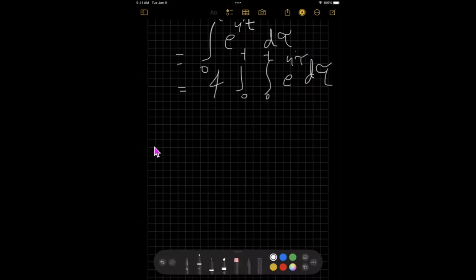And just to confirm, if we did it this method, our final answer would be 4 times the double integral of e to the 4 tau d tau? Yes, that's the final. We don't actually have to do the integrals? No, I don't think so. You should do the integral until they ask you. It's fine.